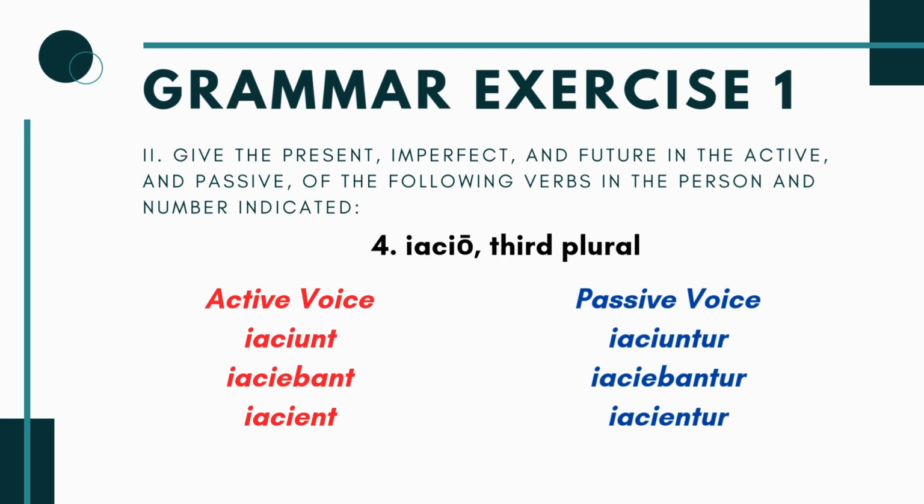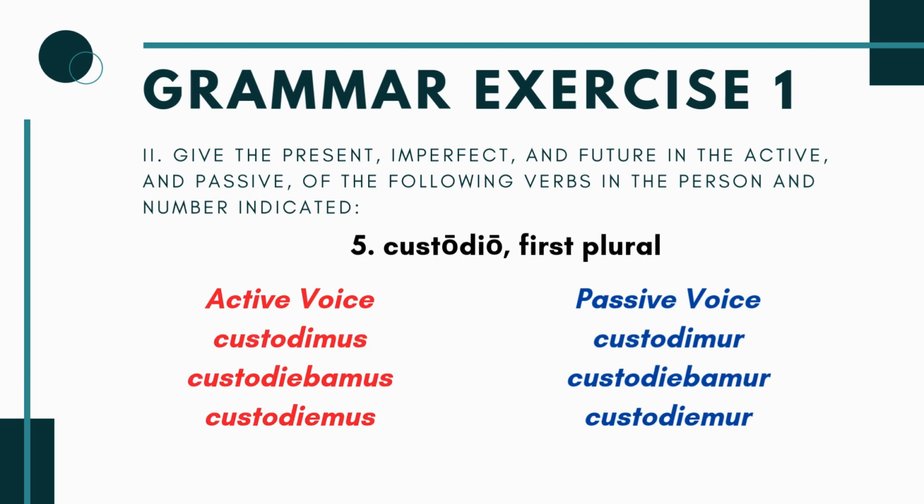In number four, we have iacio, third person plural. You'd have iaciunt, iaciebant, and iacient if you're doing active voice, present, imperfect, future. And on the passive side, you have iaciuntur, iaciebantur, and iacientur, right? The ENT makes it future. In number five, we have custodio, again, from custodire, which means to guard.